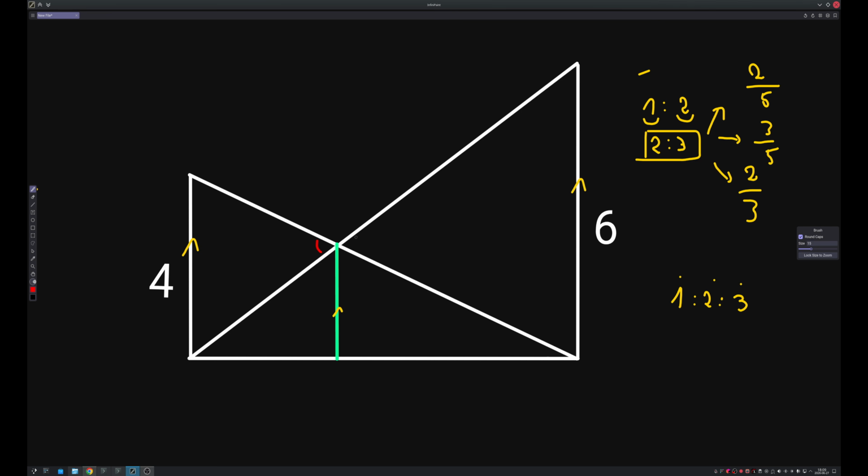So this one is the same as this one because they are opposite and they share the same side. This one and this one are also of the same amplitude because these two are internal angles relative to the parallel. I don't remember how we say that in English.